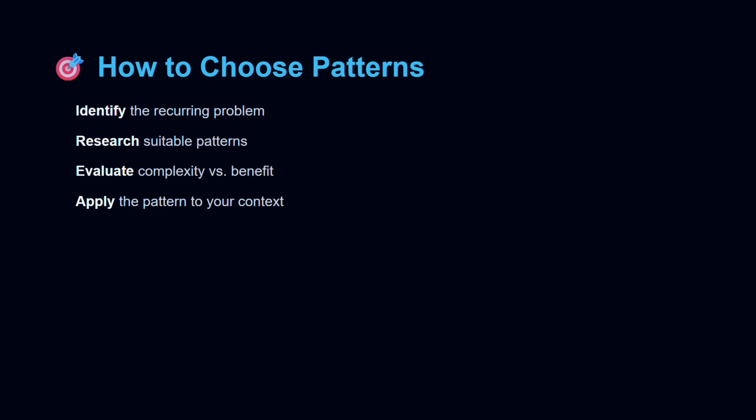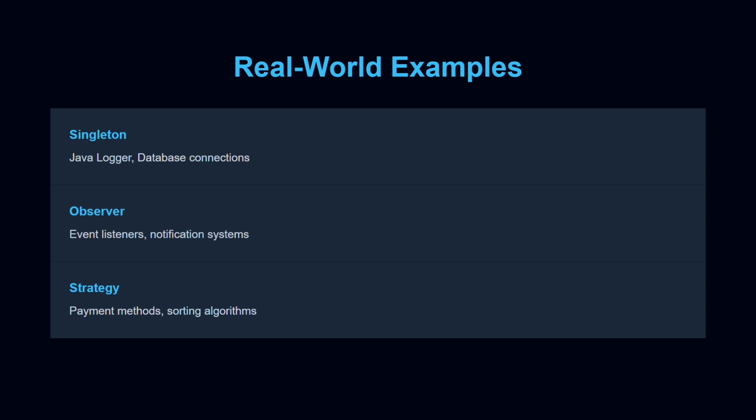What are the real time examples? Database connections, like Singleton, which we discussed in the previous slide. Next, Observer, which is the notification system we discussed. And Strategy, for different payment methods in e-commerce websites, and also sorting techniques.